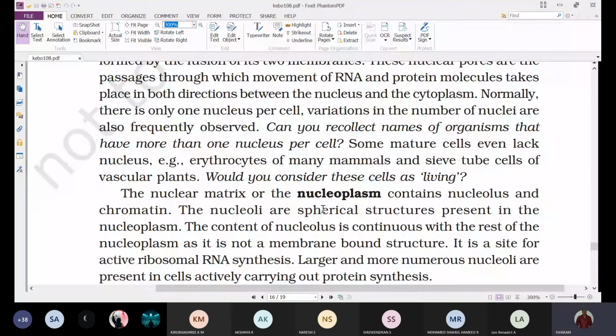While we were studying anatomy of flowering plants, we came across the sieve tubes. Sieve tube cells do not have nucleus, but they are always associated with the companion cells. The nucleus of the companion cells controls the activities of the sieve tube cells.